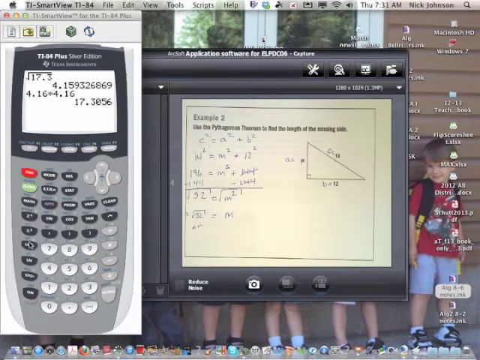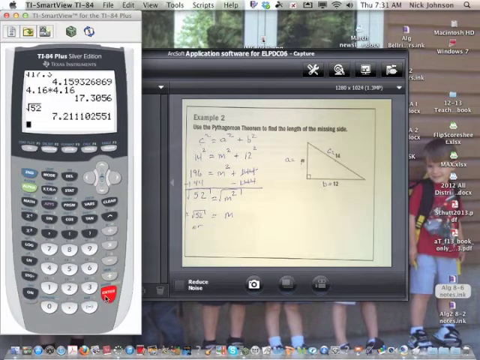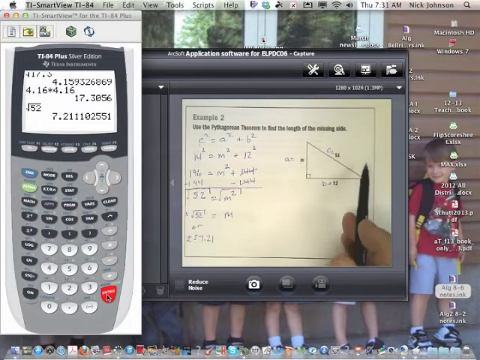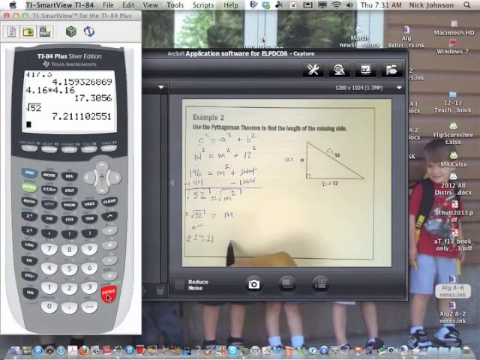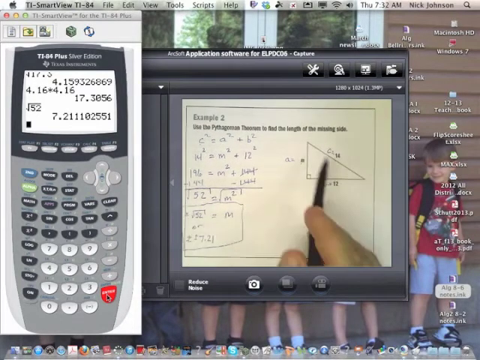Or if Mr. Johnson asks, go ahead and approximate it, put it in decimals. You could say it's plus or minus, and we go to the square root here, 7.21, let's just say. So approximately plus or minus 7.21.